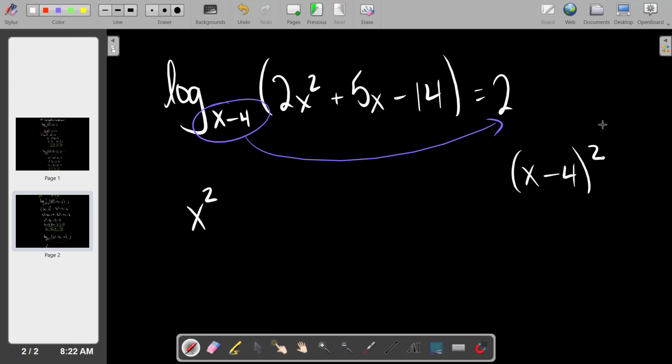Square, square, multiply, double. What goes at the back? Plus 16. And in the middle, say again, minus 8x. Nice job. That's how you do it.